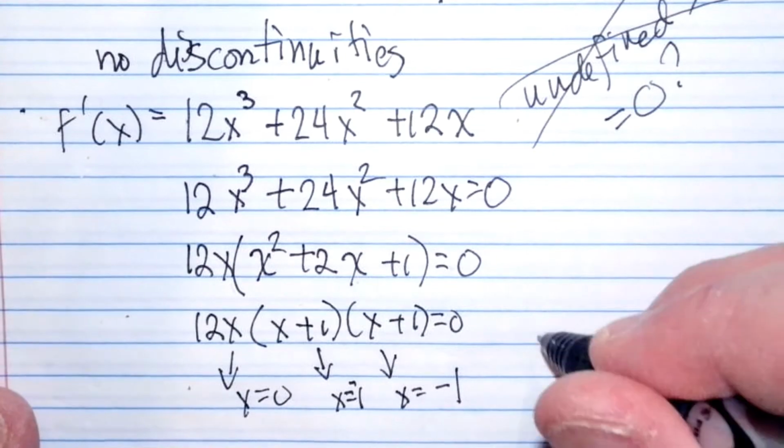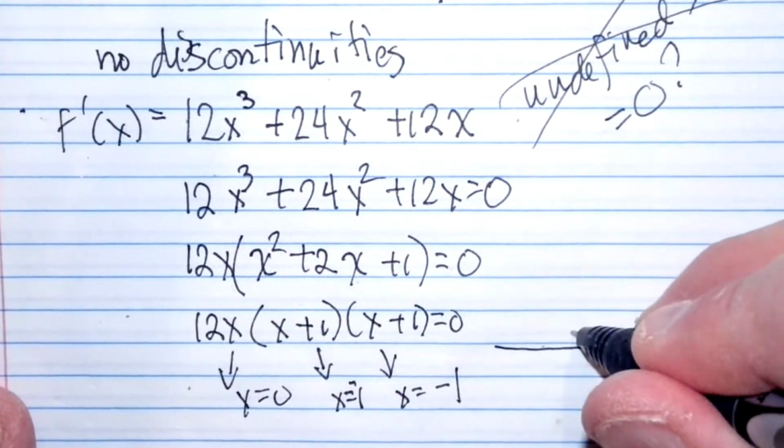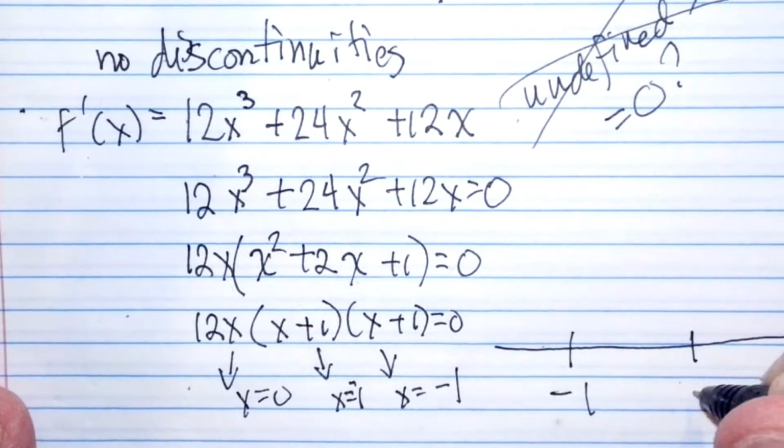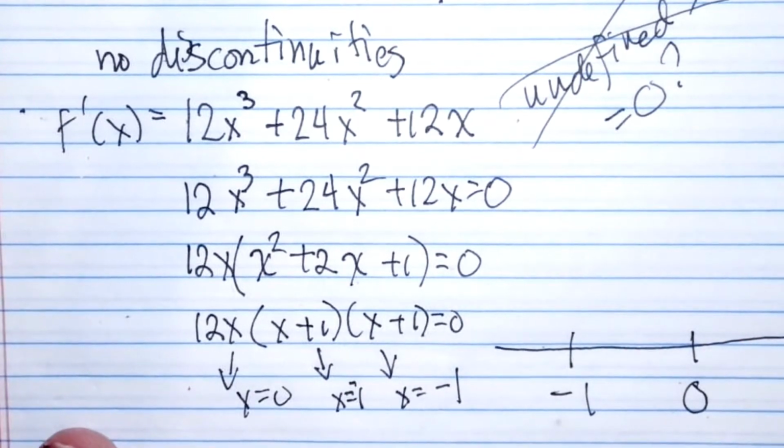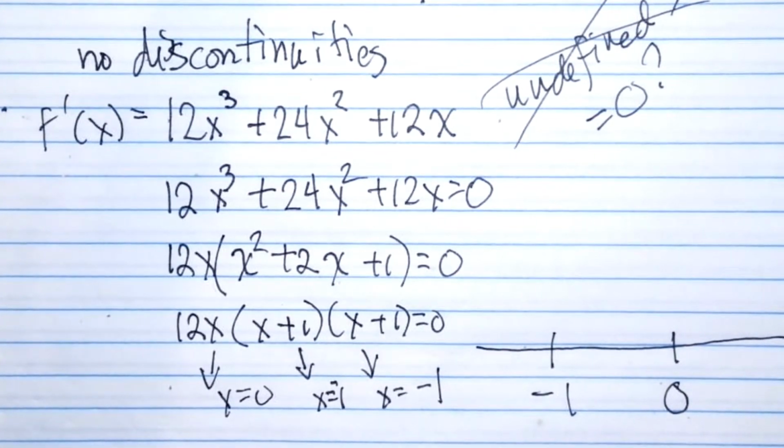So I'm going to draw this out on a number line just to give us a guide. The two critical numbers are negative 1 and 0. Now, the only place that a function can change from increasing to decreasing or decreasing to increasing is at a discontinuity or a critical number.